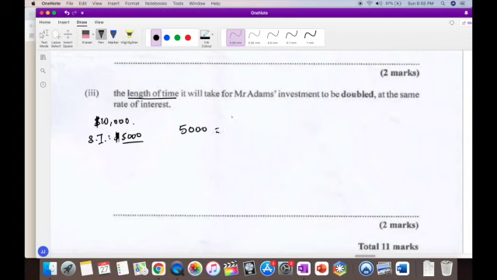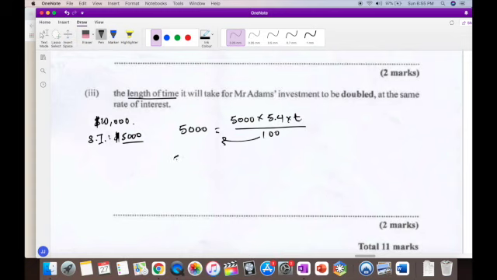So that is the principal, 5,000 times the rate, which is 5.4, we just worked that out, multiplied by time t all over 100, right? So let's carry the 100 across.